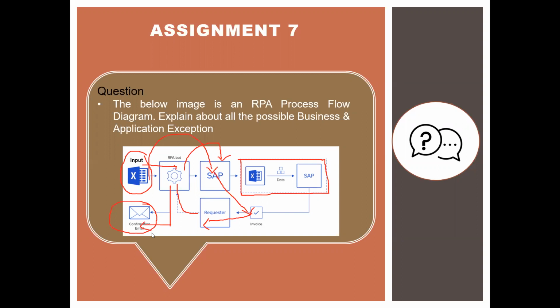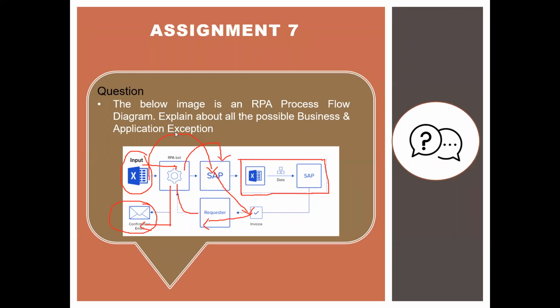So what this assignment is all about is, identify what could be the business exceptions that can happen. And also, I have SAP, I have Excel, I have, let's say, Outlook to send out an email, right? So what could be the potential application exceptions that can happen? Though application exception is not the task of a BA, just for improving our skill, so that we are at least aware of the possible application exceptions, to be an intelligent BA, correct?